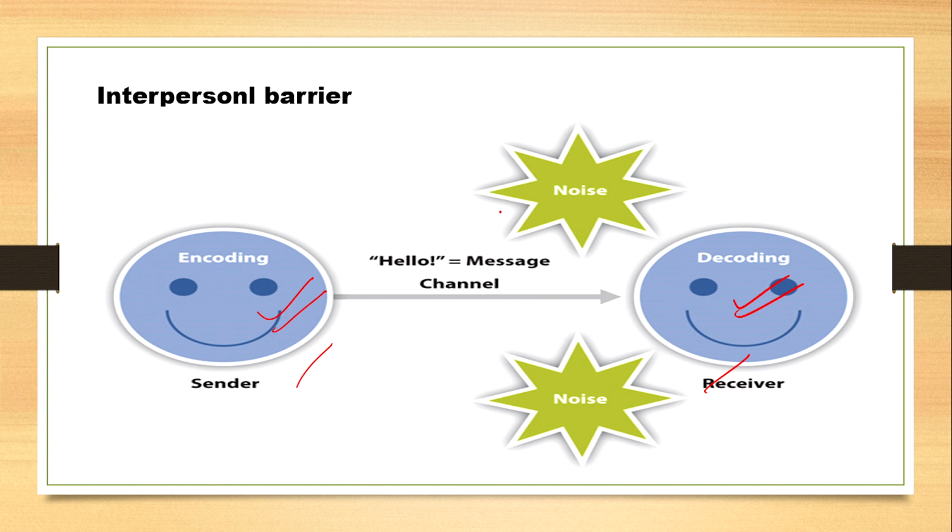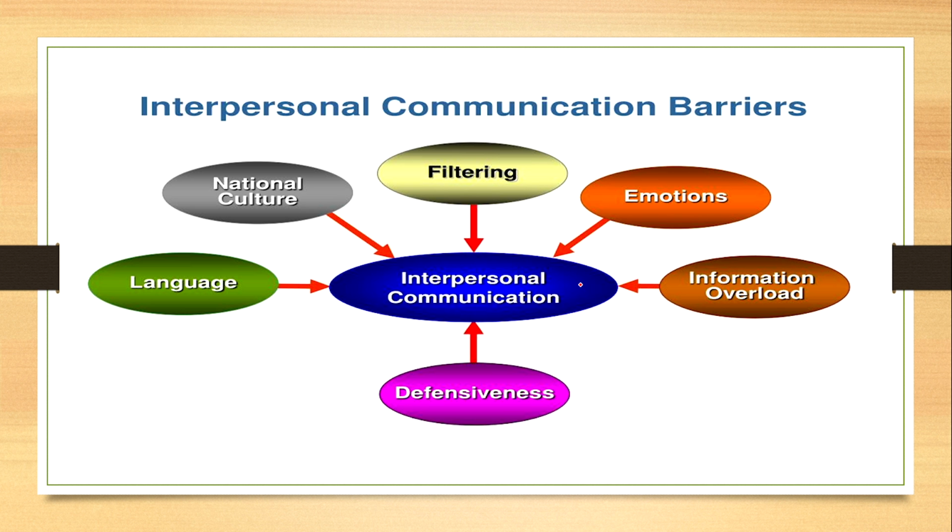So this is also an interpersonal barrier. Just like a hello message goes via this channel. I am giving you another example of interpersonal communication barriers. If I am teaching you, there are 40 students, or 22-23 students in each section.